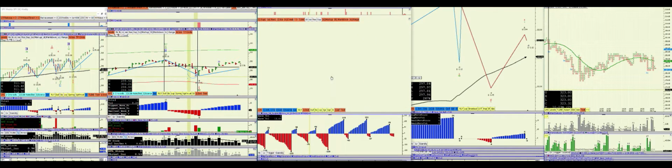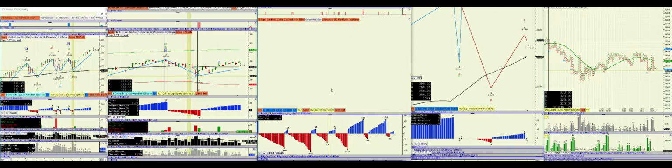So take a look at the daily and the hourly together. So I'm going to box over here, right over there. Okay, so this area corresponds to the leg down on the daily. This chart here is a wave chart made from the hourly bars.